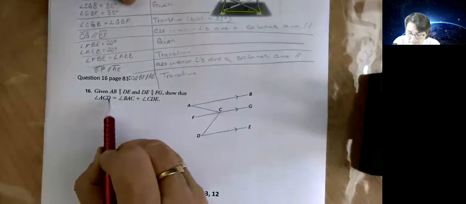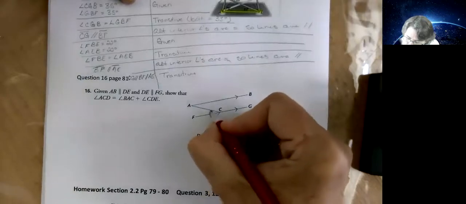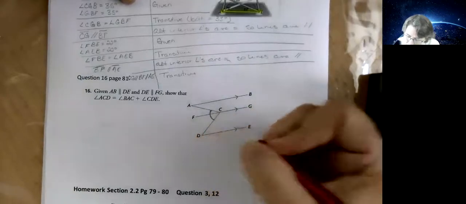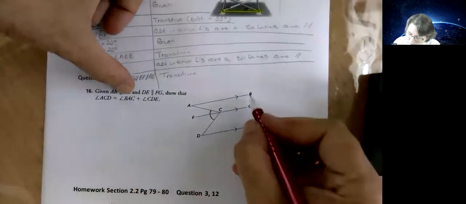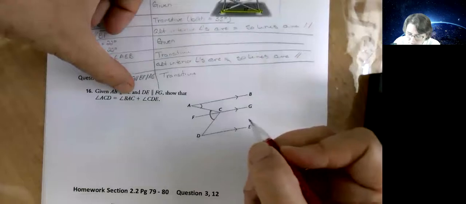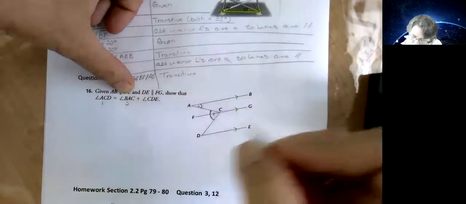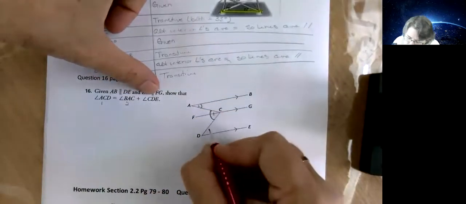Show that angle ACD, so A to C to D, so it's this one, is equal to angle BAC plus angle CDE. I'm going to label this 1, 2, and CDE, okay.